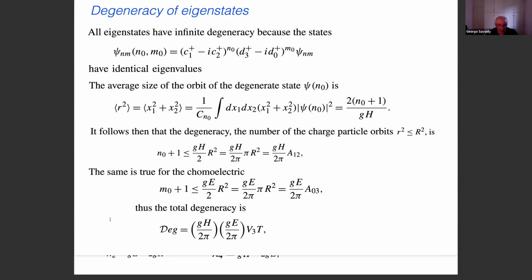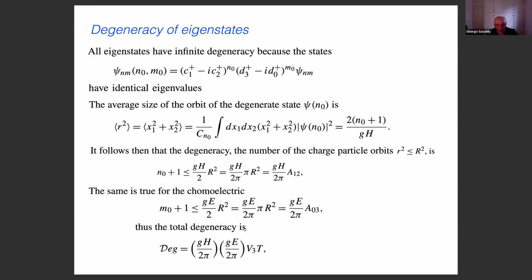Now, which means that if we want the total degeneracy, it's a product of these things. It is n0 plus 1 multiplied by m0 plus 1, and that will give us, as you see, gh over 2 pi, ge over 2 pi, and then because of the product of the areas in the plane 1, 2 and 0, 3, that is equal to the three-dimensional volume multiplied by t.